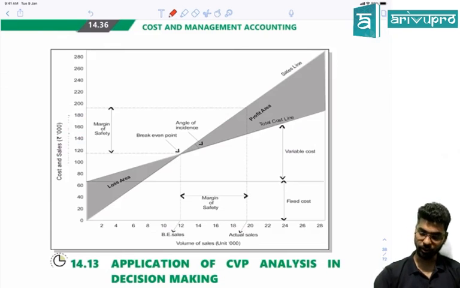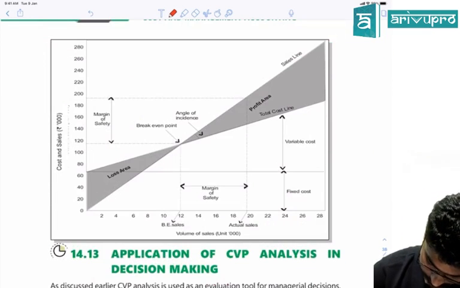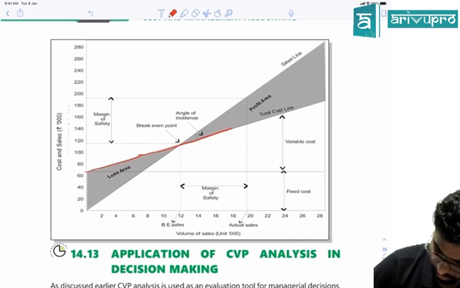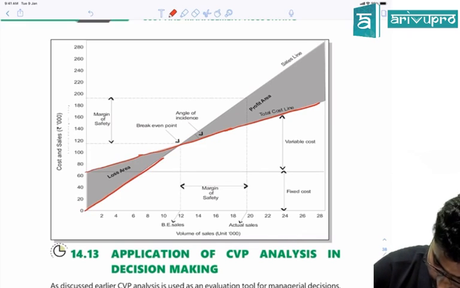Guys, now I want you to see here in the PV chart, right? This is my total cost line. This is my revenue. This is my break even point.